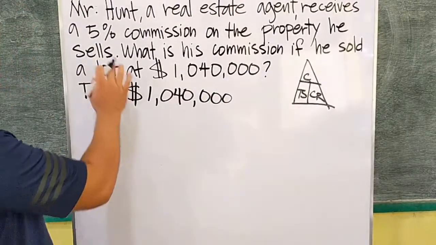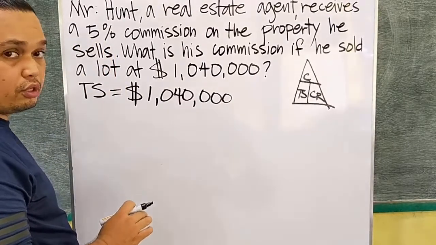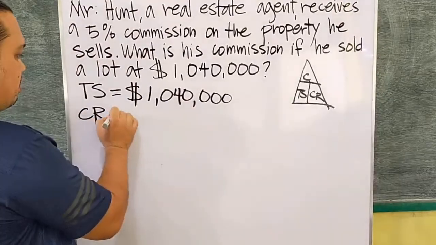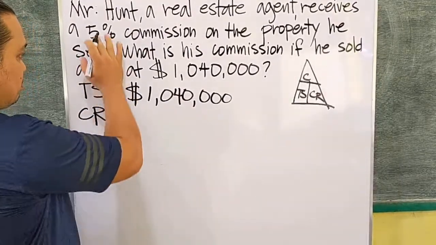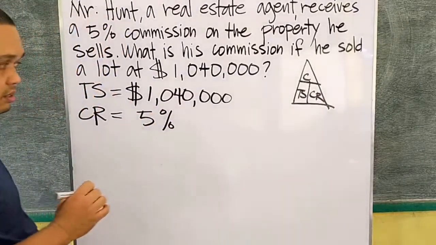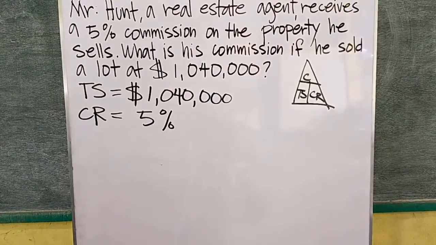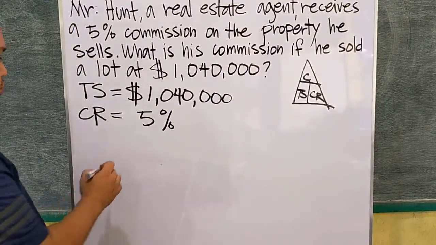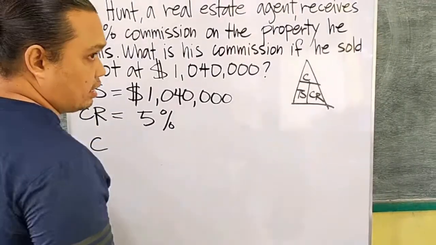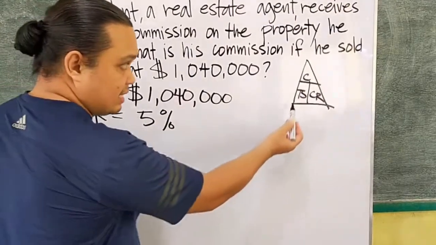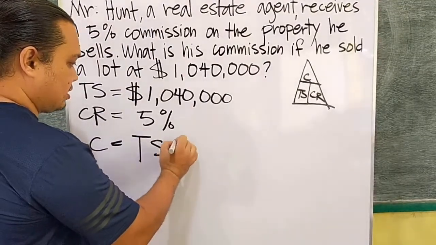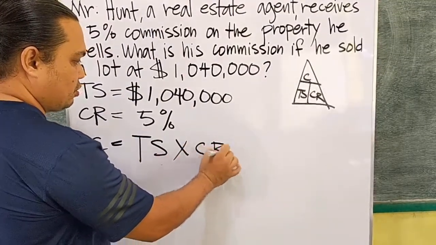Now, 5% here is the commission rate, so that will be our CR, which is 5% in every property they sell. Now, we are looking for the commission, which is C. The formula for commission is TS times CR, total sales times the commission rate.